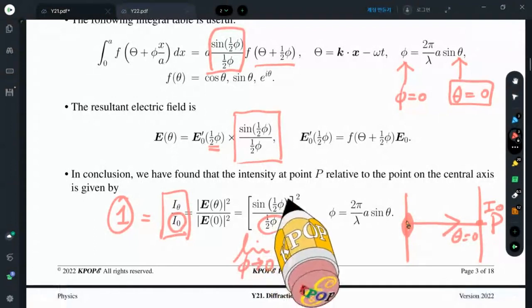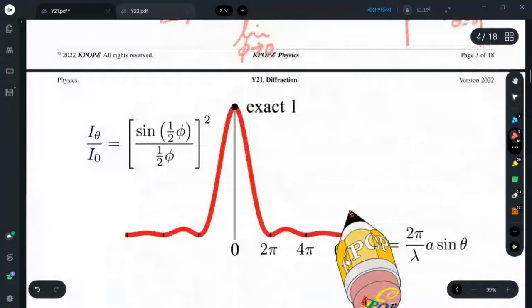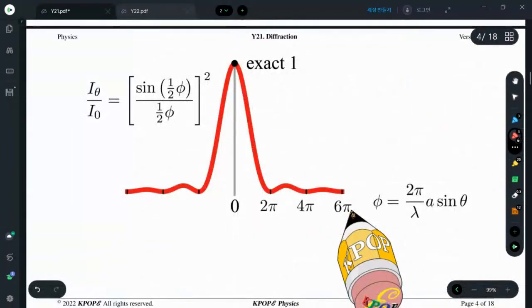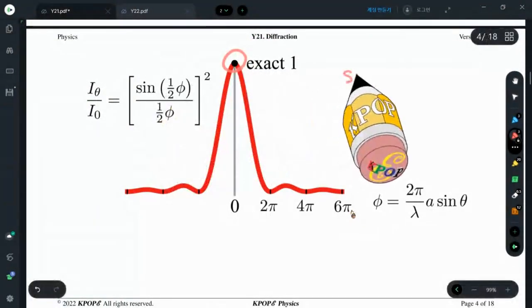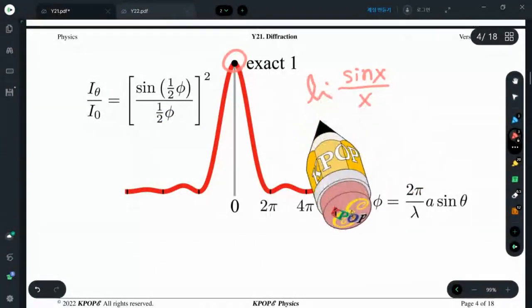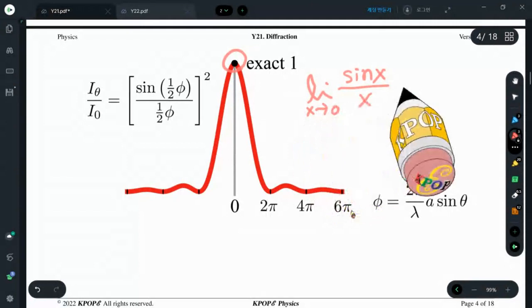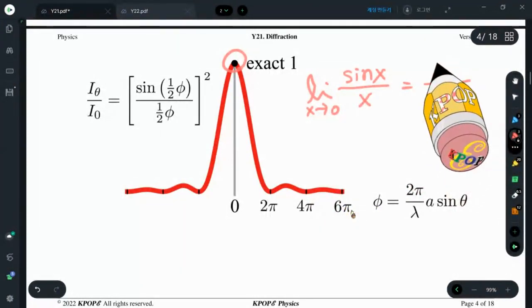You find both of them, numerator and denominator, vanish as phi goes to 0, and you had better apply L'Hopital's theorem. And actually that value is exactly 1. You know, sine x over x, in the limit x goes to 0, is the same as the first order derivative.